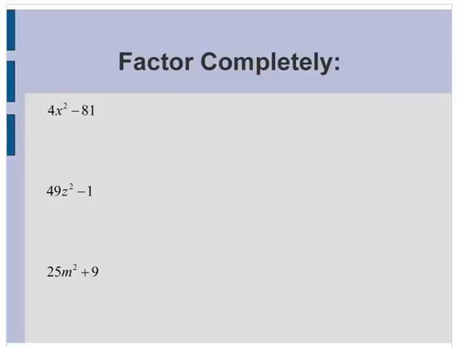Well, 4 is the perfect square of 2, so 4x squared is the perfect square of 2x. And 81 is the perfect square of 9. So this can be written as 2x plus 9 by 2x minus 9. All right, why don't you try the other two on this slide on your own?